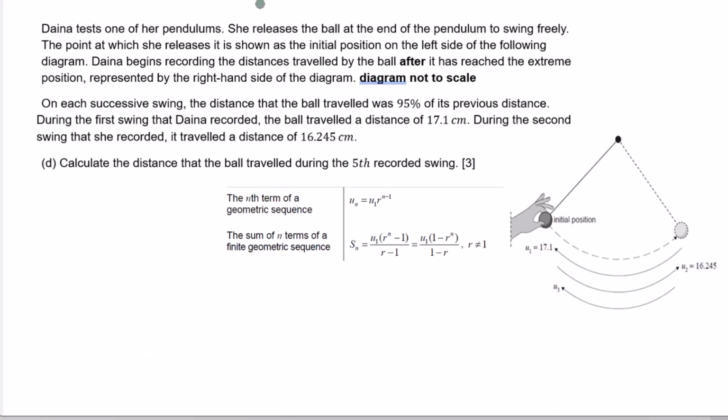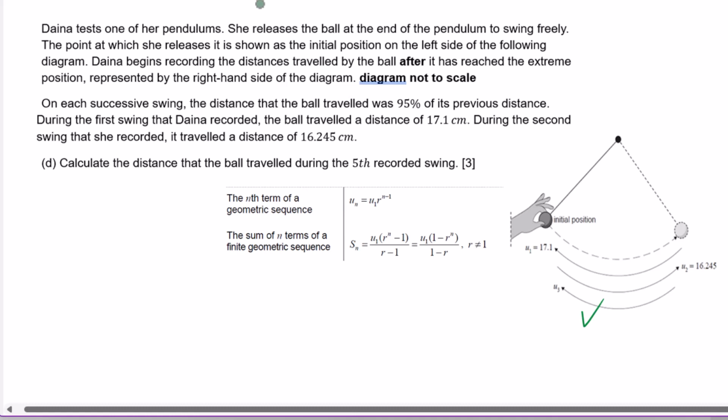Dana tests one of her pendulums. She releases the ball at the end of her pendulum to swing freely. The point at which she releases it is shown as the initial position on the left side of the following diagram. Dana begins recording the distances traveled by the ball after it has reached the extreme position, represented by the right-hand side of the diagram.